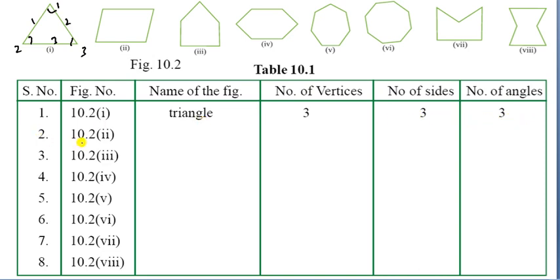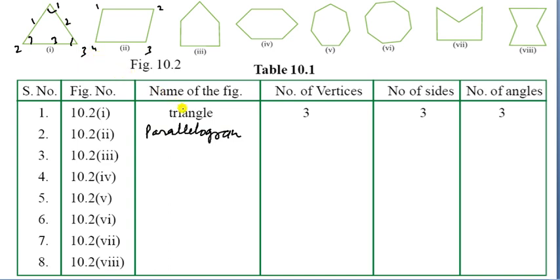Now come to the second figure, 10.2. That is the parallelogram, or you can say it is a quadrilateral. How many vertices can you count? It is 1, 2, 3 and 4.